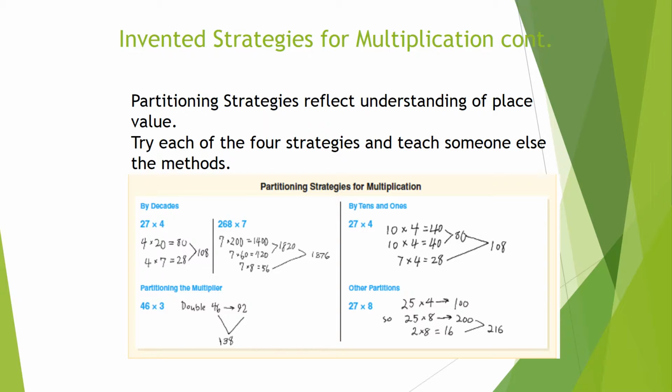And then they did 2 times 8 equals 16, and not 7 times 8 because they're compensating for that 25. That's actually a very well-developed strategy, but I don't think a lot of kids are going to do it like that.